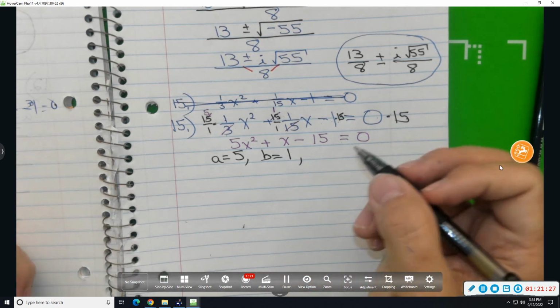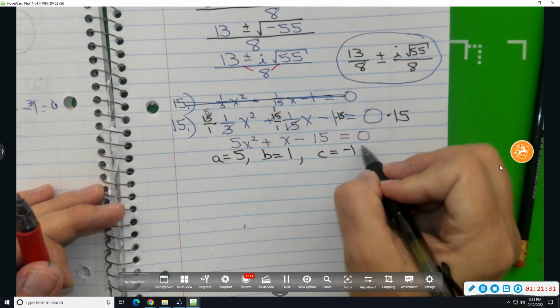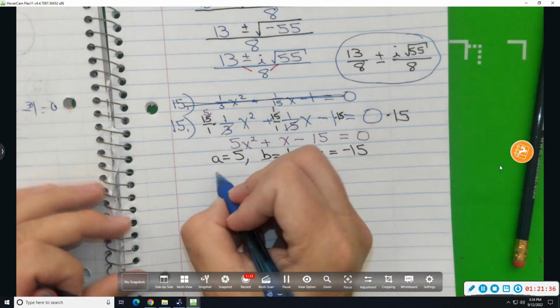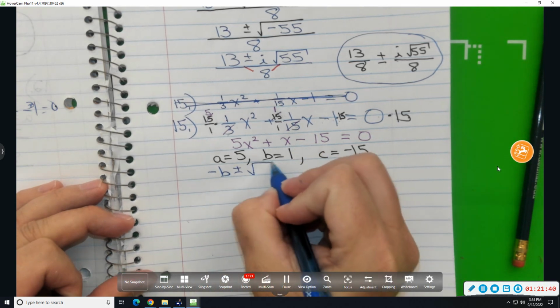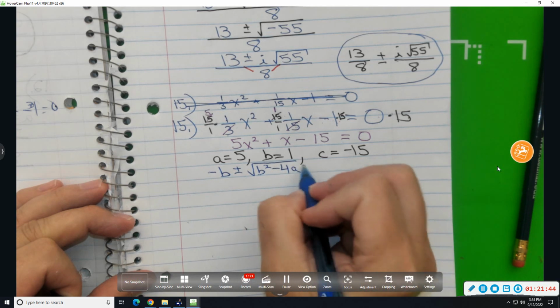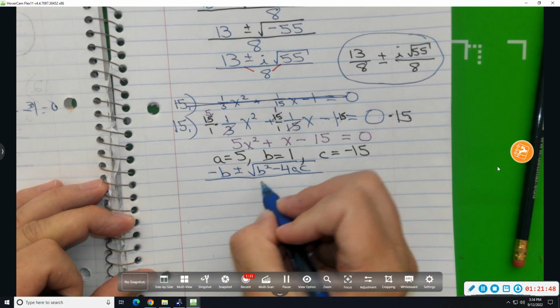Finally, we have a B that's positive, and C equals -15. So, remembering our quadratic formula, -b plus or minus the square root of b squared minus 4ac all over 2a.